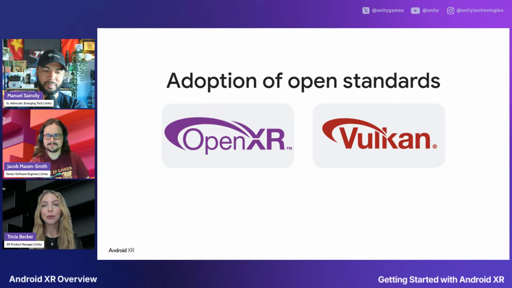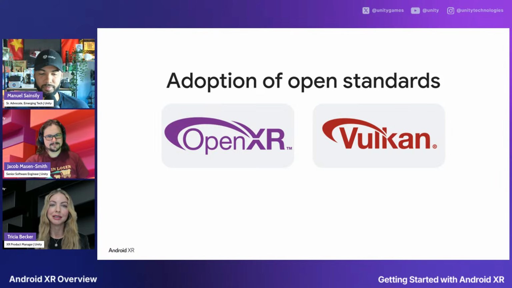So where I wanted to start was really what is at the core of this new platform. Google's been very vocal about this, and it is very near and dear to what we believe in at Unity. So our goal is build once, deploy to multiple platforms.